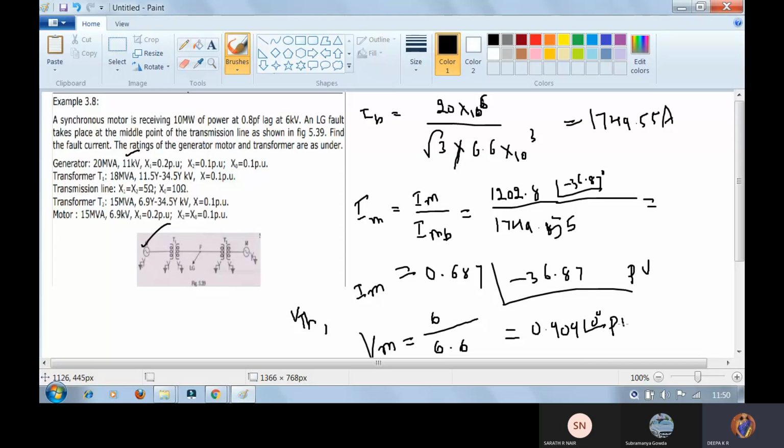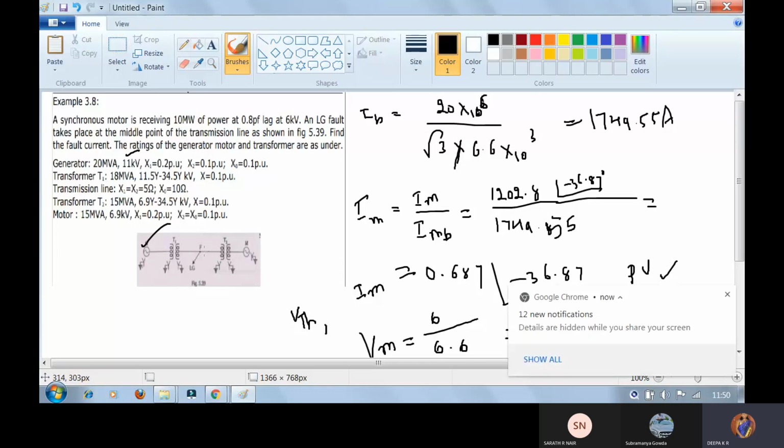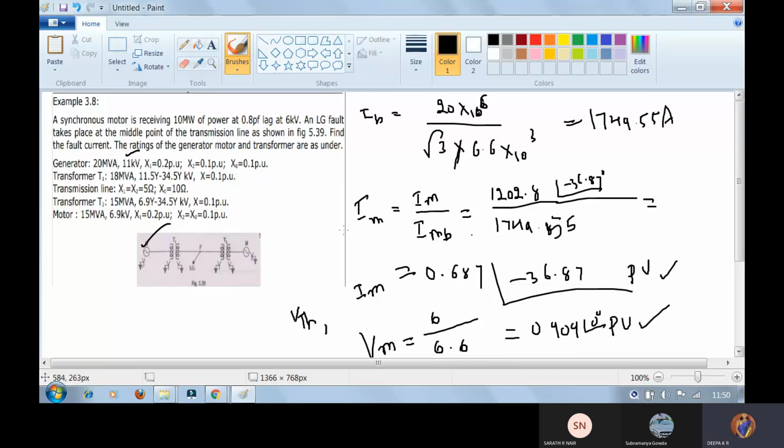So we got the per unit values of motor current and the per unit voltage of motor: 0.687 and 0.909. But we need to find the voltage at the fault point, because this is the fault point, right? Considering the block diagram, we have to write what is VTH.